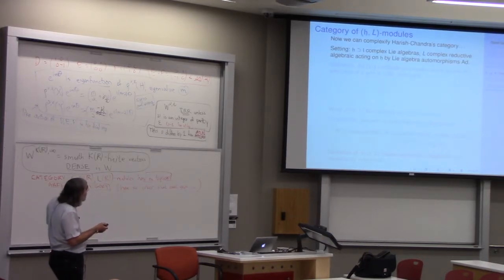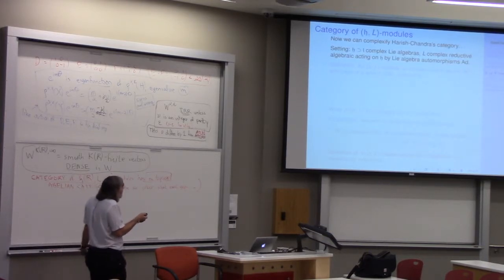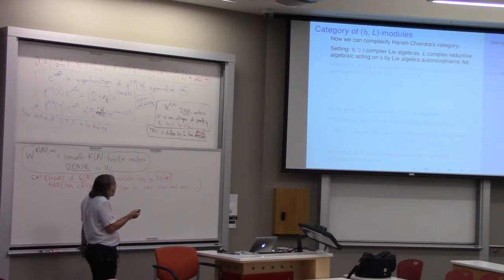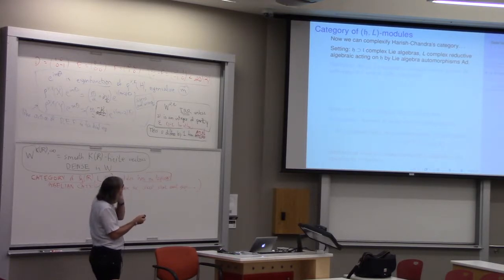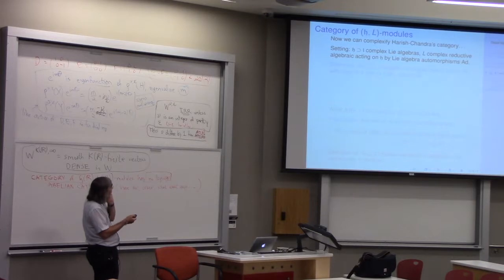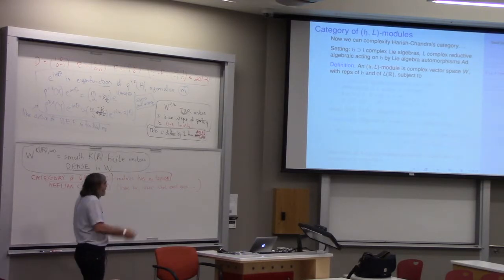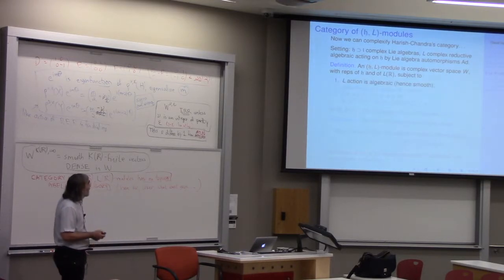So if you complexify the setting from before, now we've got complex Lie algebras, and the small one is reductive. It's the Lie algebra of a reductive group, capital L, and this capital L acts algebraically on the Lie algebra H. And in that setting, you can define an HL module.